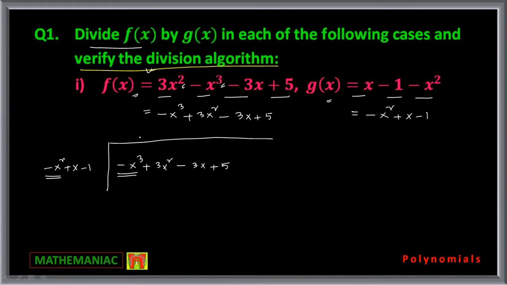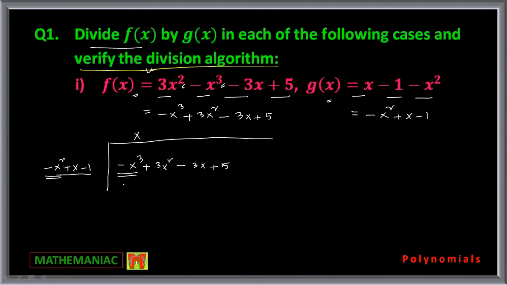So can you write what quantity I should put here? Yes, exactly, it is x, because if you multiply x with x squared, you get x cubed, and because there is a minus, your result will be minus x cubed. Is it clear?